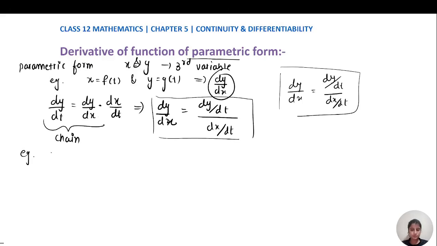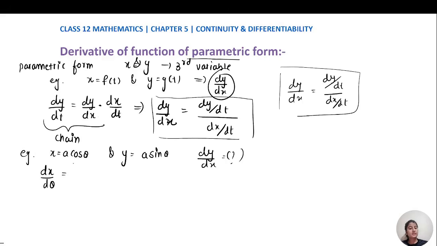Take an example. Suppose your x is a cos theta and your y is a sin theta. Now you have to find your dy by dx. How can you find it? As you can see, x is completely in terms of theta and y is completely in terms of theta, so they are in parametric form. Then we can easily find dx by d theta, because the derivative of cos is minus sine, that is minus a sin theta.